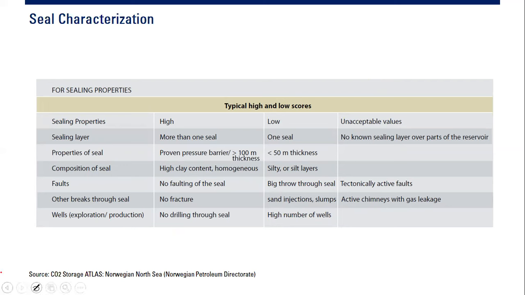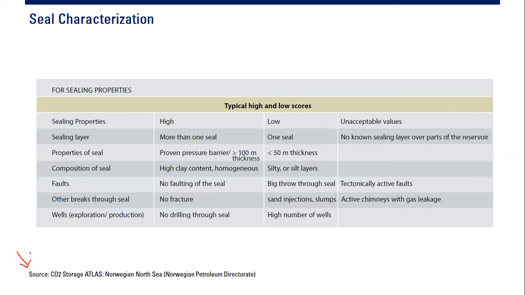I take this table again from this very good source: the CO2 Storage Atlas, Norwegian North Sea, from the Norwegian Petroleum Directorate. It's a very good atlas. You can read it, and it's very informative if you want to know about CCUS, especially in the Norwegian North Sea. Go download and read it.